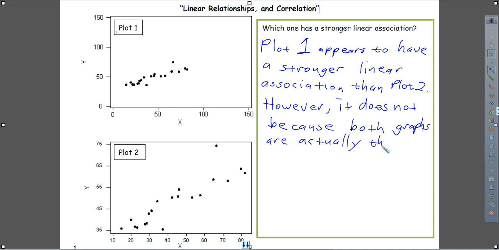Okay? So what do we want to notice? We just want to notice the different scaling in the graphs.